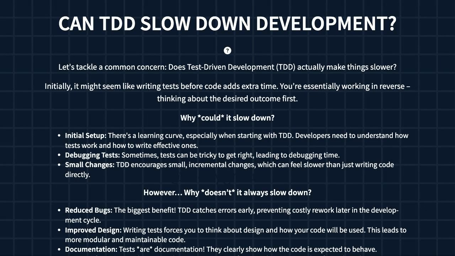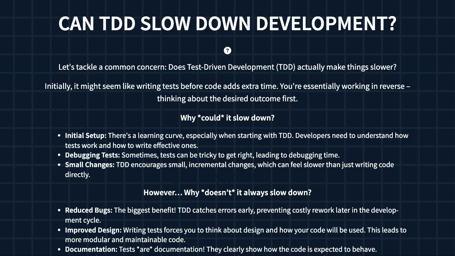Okay, so let's address a really common question about TDD. Does it actually slow things down? Initially, it can feel like adding extra steps to your workflow. You're essentially thinking about what you want to achieve *before* you write the code. There's definitely a learning curve involved for developers new to TDD, and sometimes debugging tests can take some time.